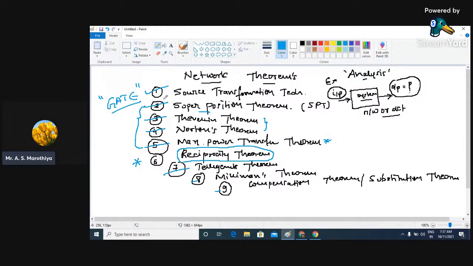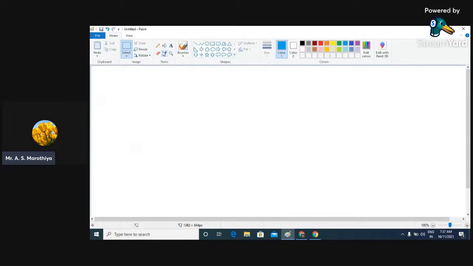So now let us focus on what exactly this source transformation technique is and how this technique plays an important role in order to analyze a given network. So let us deal with the source transformation technique, or method.